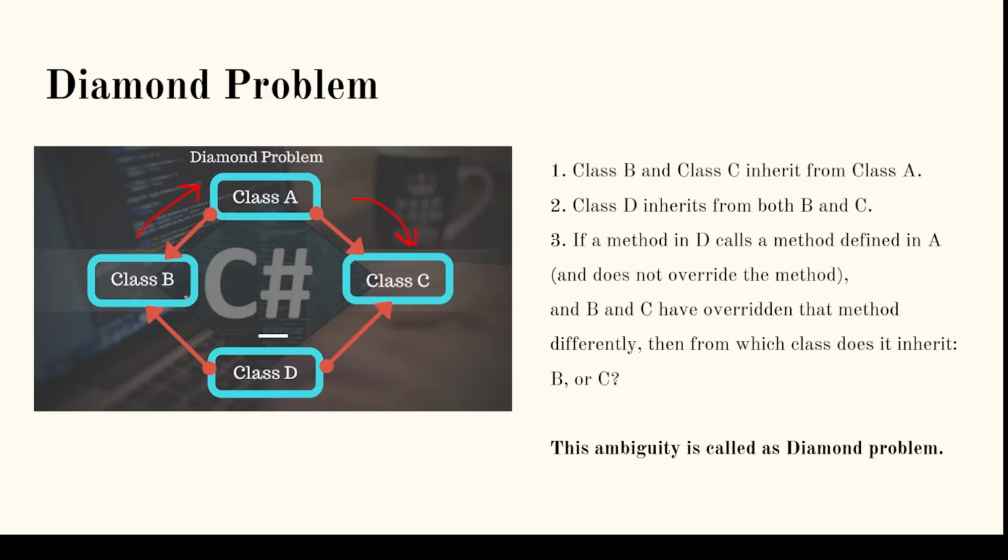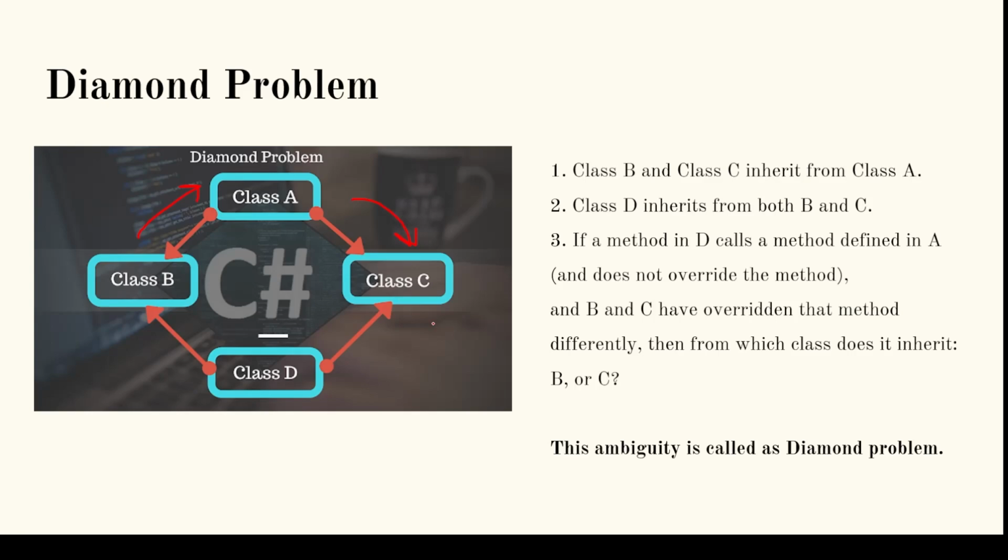But the issue will come when we create a class D and try to inherit from both B and C classes. Now let's see what will happen if we have a virtual method in class A, and that virtual method is overridden by class B and C. Now, because class D is inheriting from B and C, that virtual method will be available from both the classes.